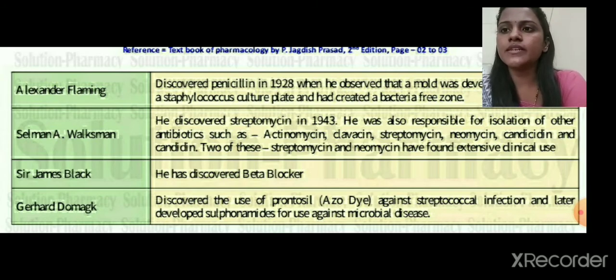The next scientist is Sir James Black. Sir James Black discovered the beta blocker, which is an adrenergic receptor blocker. Next is Gerhard Domagk.